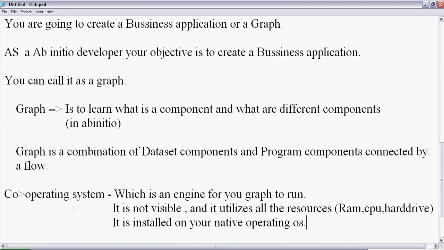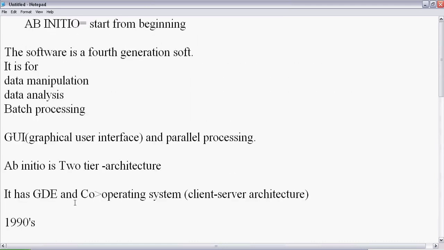So once again we will take a look from the start. Ab Initio is a software. It's an ETL tool. The meaning of it is start from the beginning.